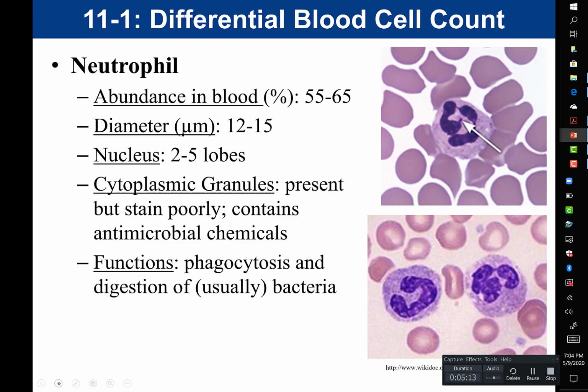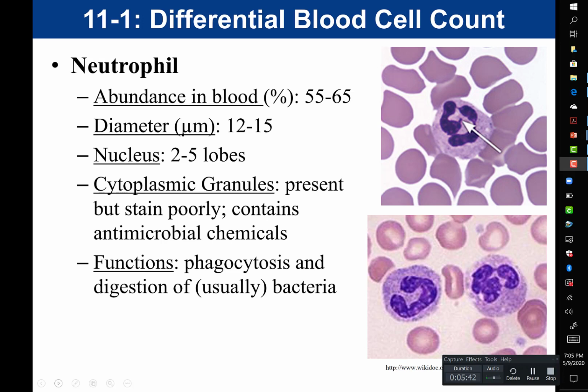So we're going to walk through and talk about the different types of blood cells and what they do. So the first white blood cell that we're going to talk about is going to be the neutrophils. Because again, never let monkeys eat bananas. Neutrophils are going to be the most abundant. Now again, seeing that the name says phil tells you that this is a granulocyte.